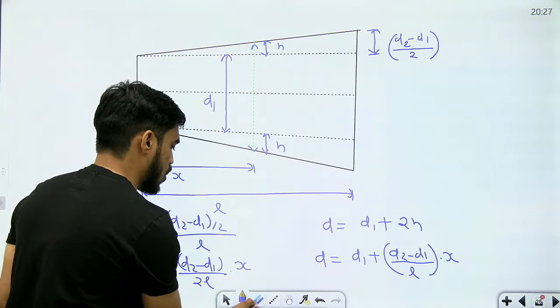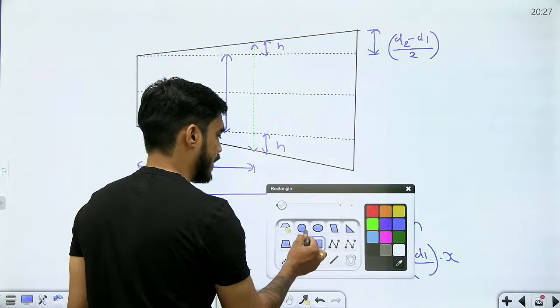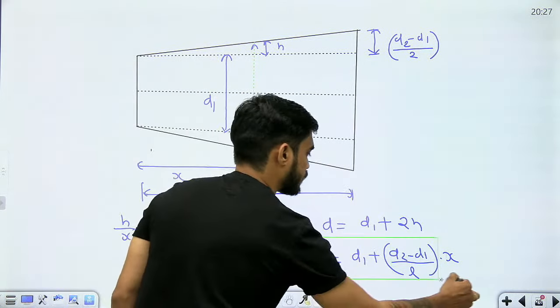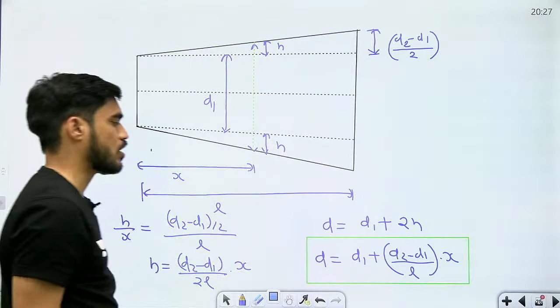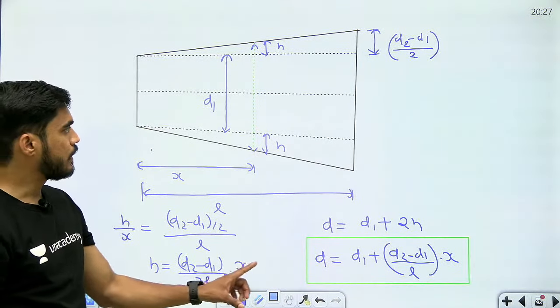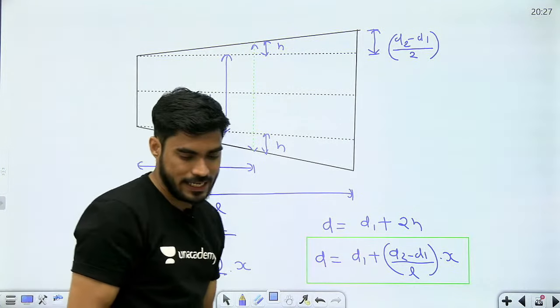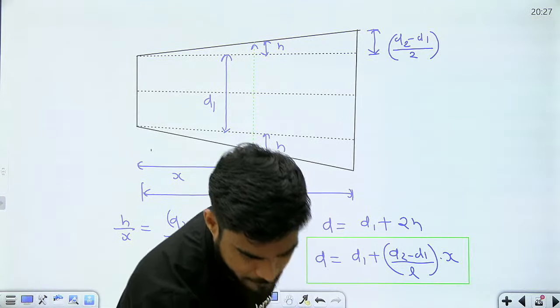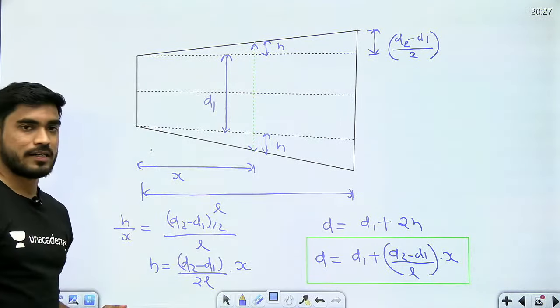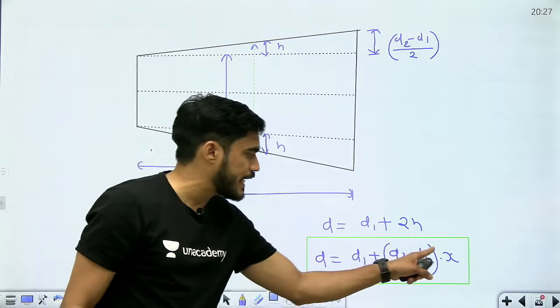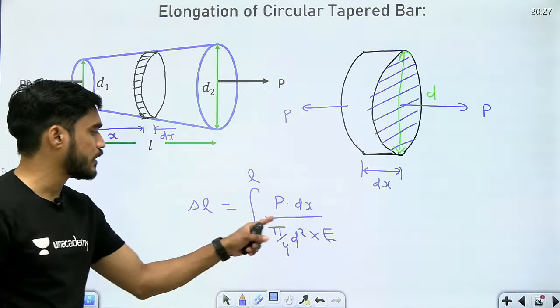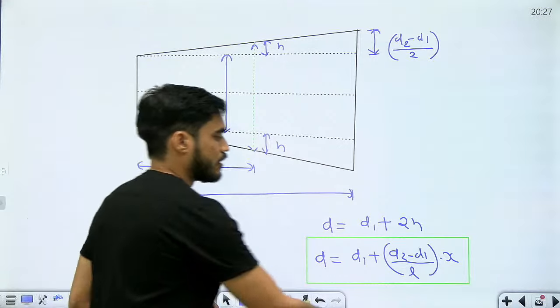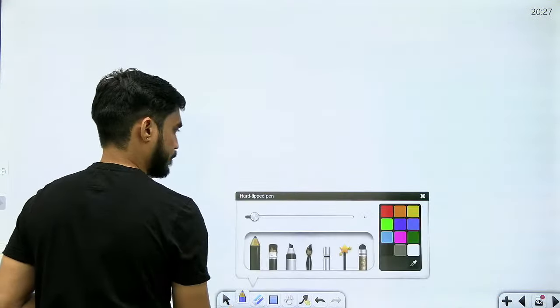So this is the value of d: d1 plus d2 minus d1 by L into x. Yes. Now, once I have got the value of d in terms of x, I will put it here and I will integrate it. So beta, this will become like this.